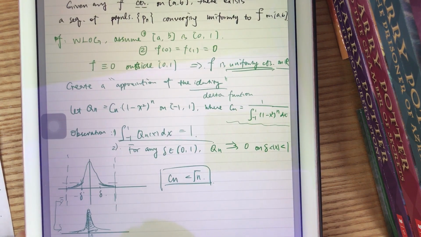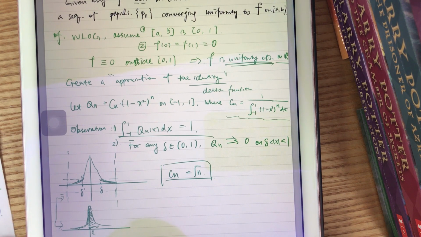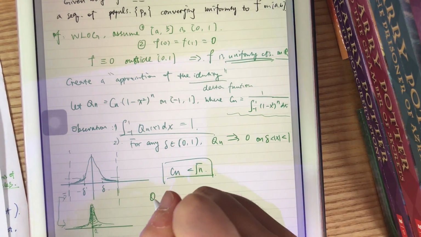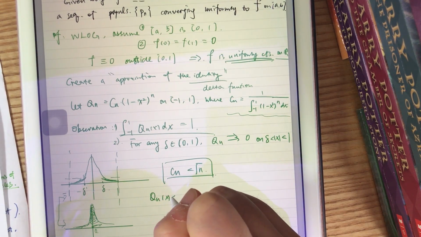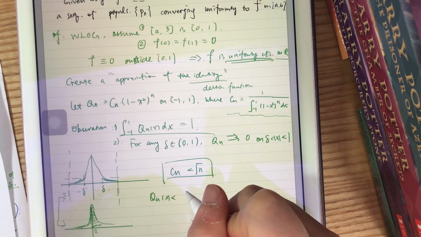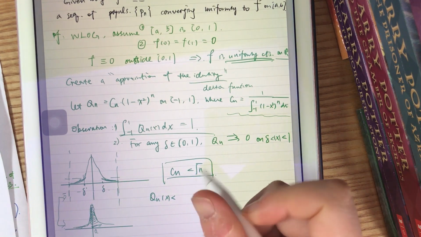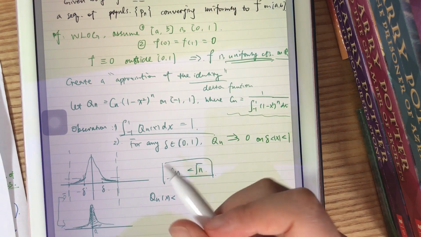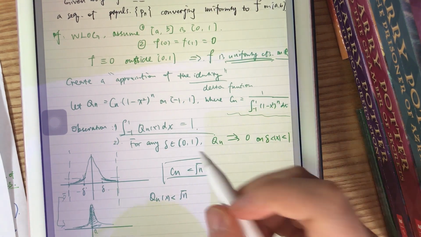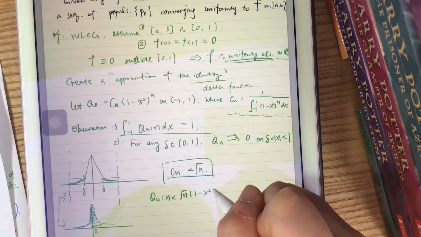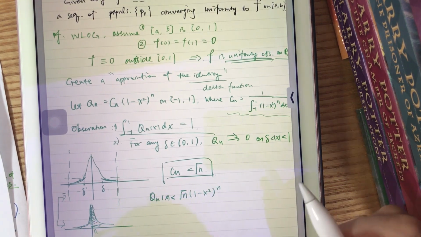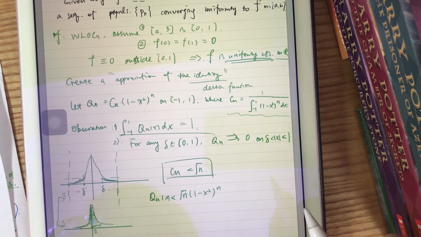Okay, so with this property, we will now say that Qn(x) is equal to Cn times the term afterwards, so it's less than square root of n times (1 minus x squared) to the power n, right?